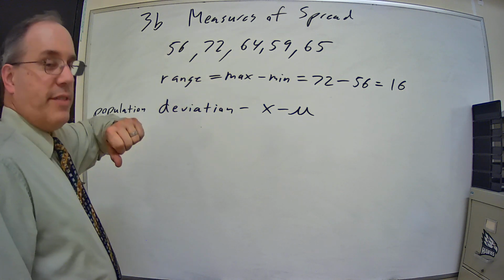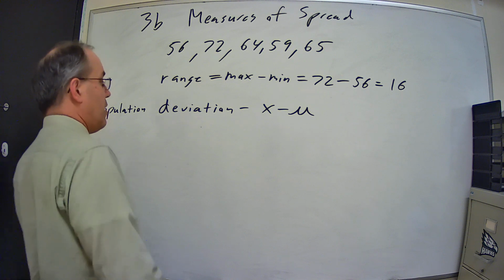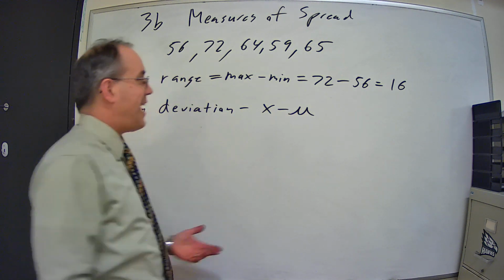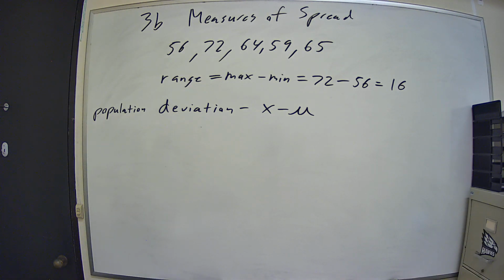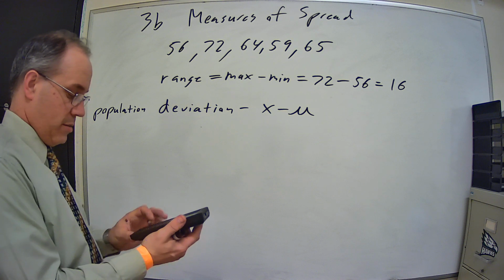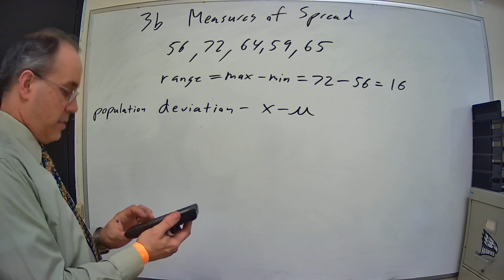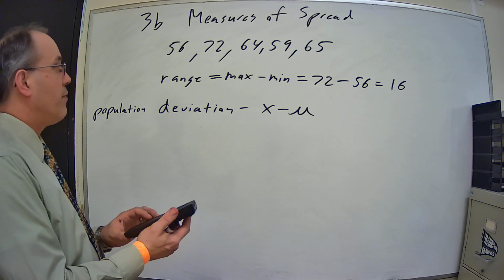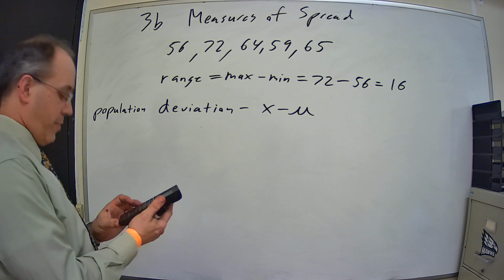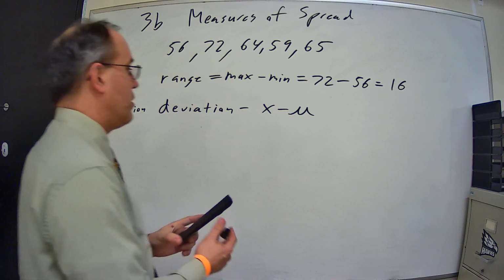Well, we've got 5 data values here, so what's that going to do for us exactly? Well, I can do a quick comparison and say, okay, well, what about this 56? Well, what's the average of my 5 data values here? So I've got 56, 72, 64, 59, 65. Add those all up, get 316, divide by 5, and I get 63.2.